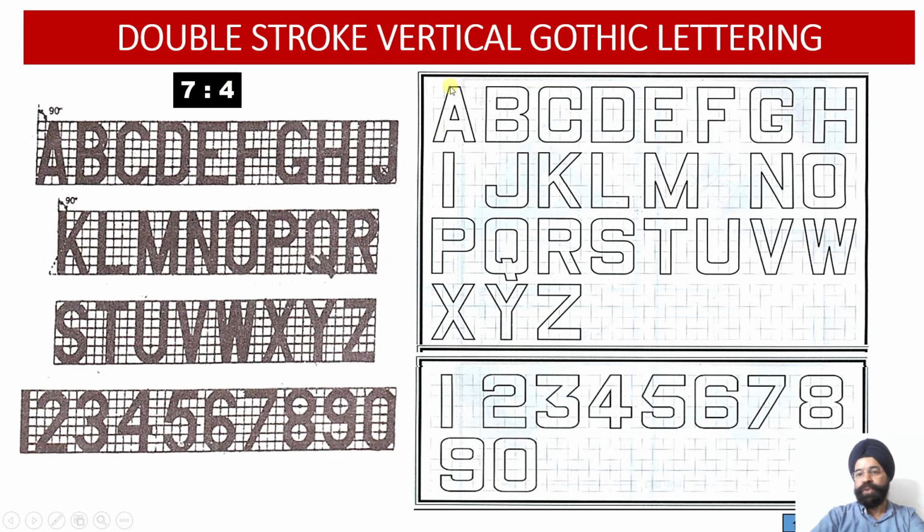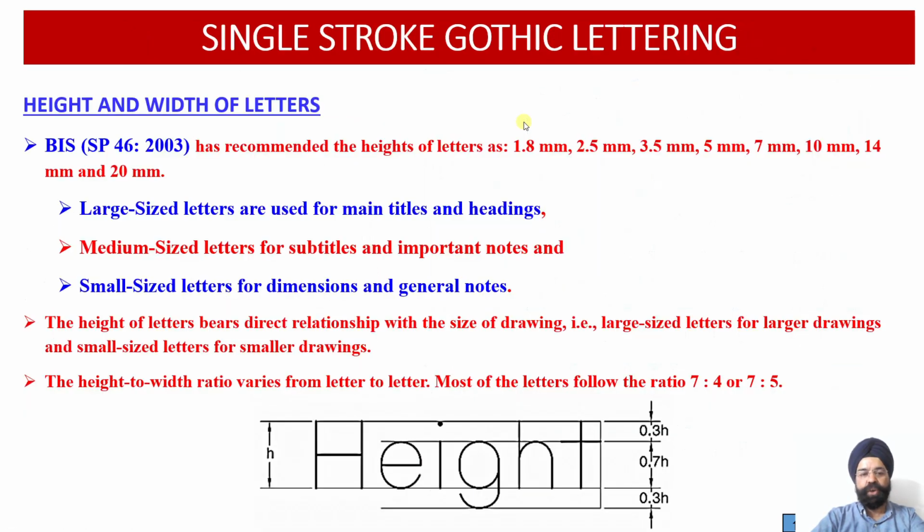But if you are using a simple pencil, then you can see 1 block thickness will be required to draw any line or any part of our alphabet over here. So this is how you can write it down onto the drawing sheet or the graph paper. Once again, you can keep on counting these blocks from this graph, and accordingly you can write down the double stroke vertical Gothic lettering onto your graph sheet or onto your drawing sheet.